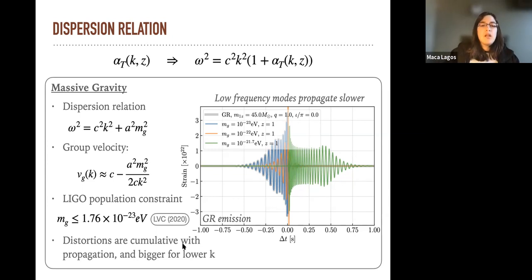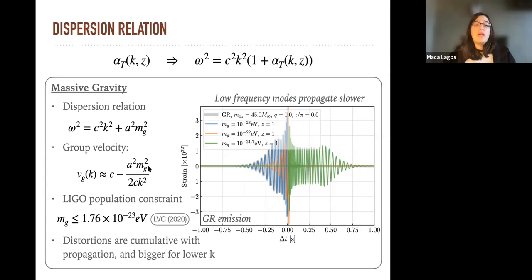This is particularly useful because even if we don't see anything with LIGO, maybe if there were some modified gravity or some non-trivial cosmological scenario actually happening, we could see modifications with the next generation of gravitational wave detectors that will see sources at much higher redshift. Phrasing that from a different perspective, we should be able to impose much stronger constraints on the mass of the graviton with the next generation of gravitational wave detectors because distortions accumulate over time.